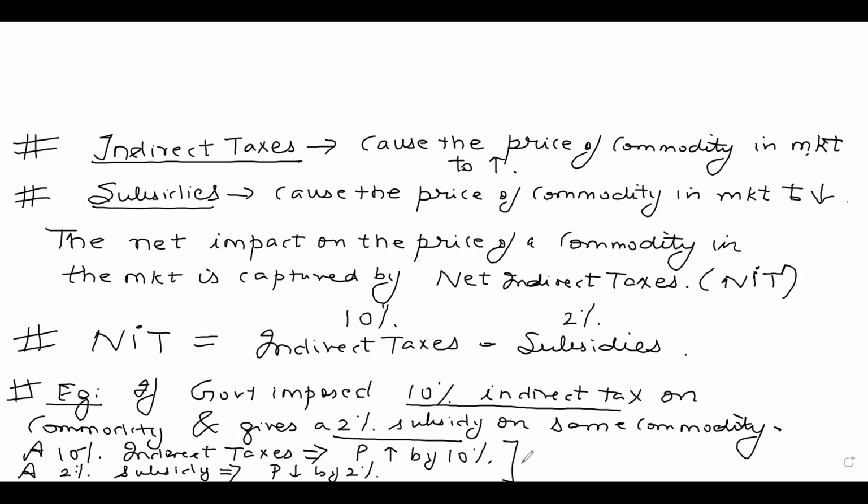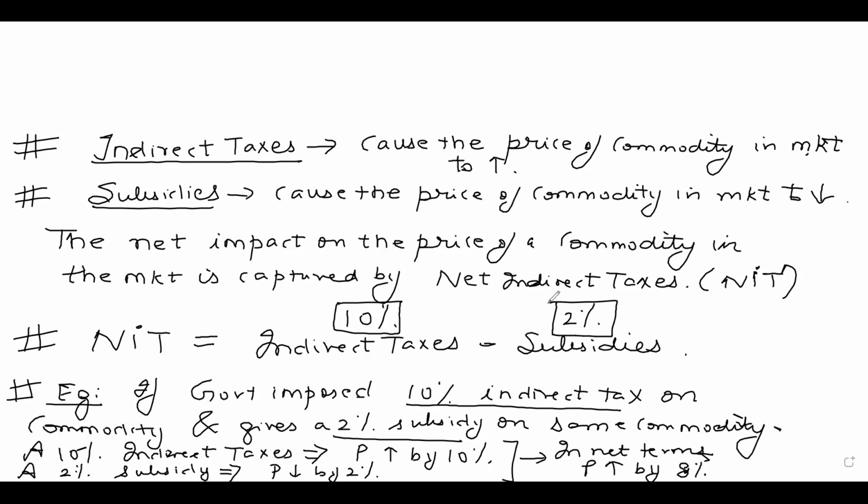So guys, in net terms, my price is increasing by 8%. So you can clearly see, if the government has imposed an indirect tax of 10%, price will rise by 10%. But if the government has given a 2% subsidy on the same commodity, price will fall by 2%.